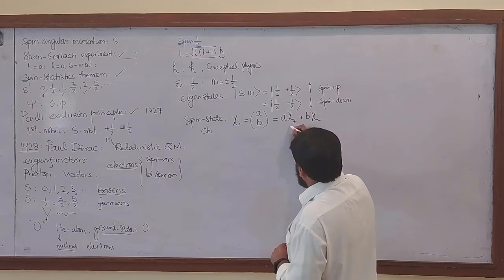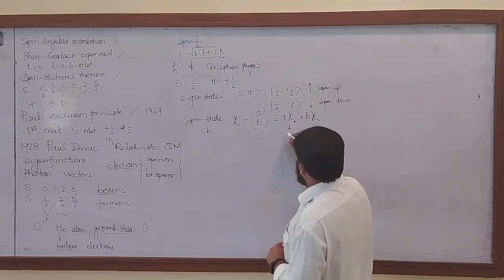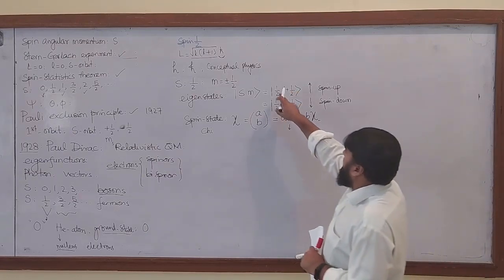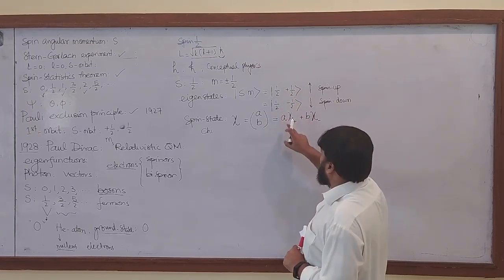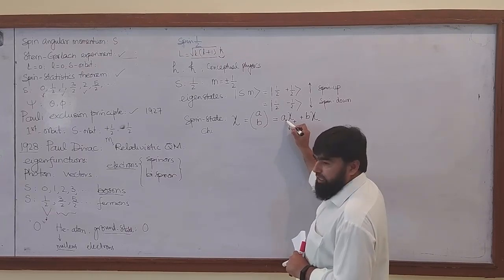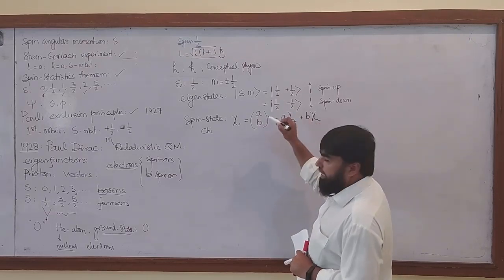Chi plus represents the spin up state, with half plus half as the eigenvalue, and B is the eigenvalue.